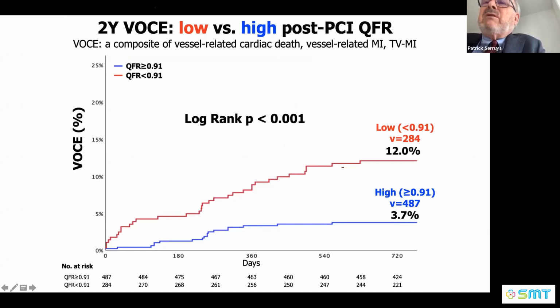So we believe in that concept of post-PCI QFR by our own experience. 0.89 or 0.91 doesn't make too much difference, but we see a clear difference of 12% of events versus 3.7%. And again, events strictly relate to the vessel. That's the reason why we call it vessel-oriented composite endpoint. Next.